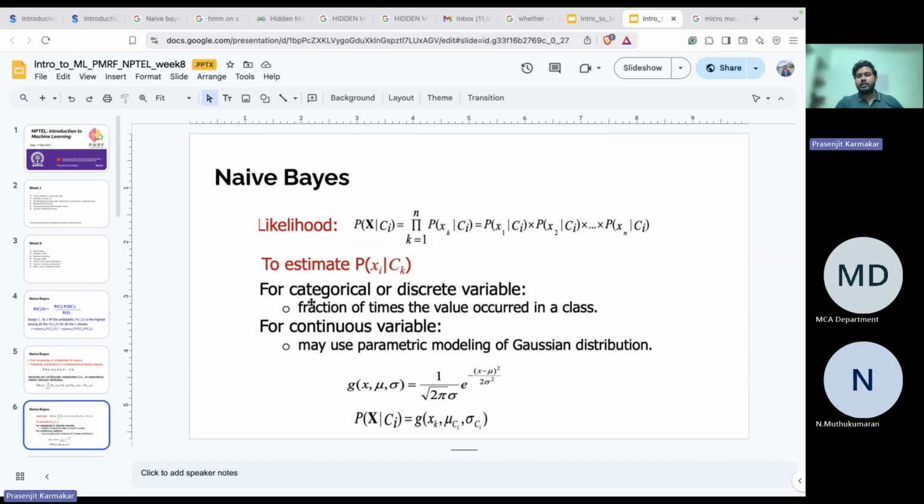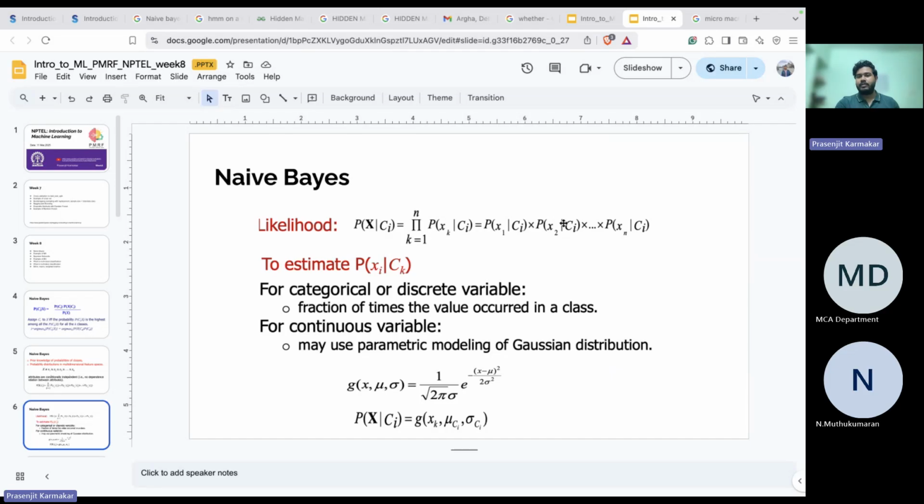Next, I can compute likelihood as a multiplication of all the possible values, and I have shown how we can compute this P of xi given C1. If it's a categorical feature, we take all possible x1 values where the C1 matches, and then take the probability of my given x1 over all the x1s.